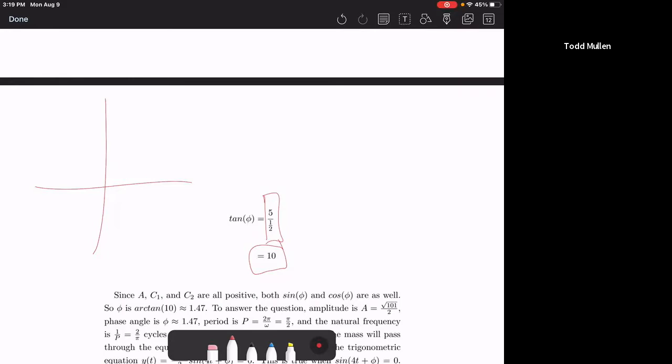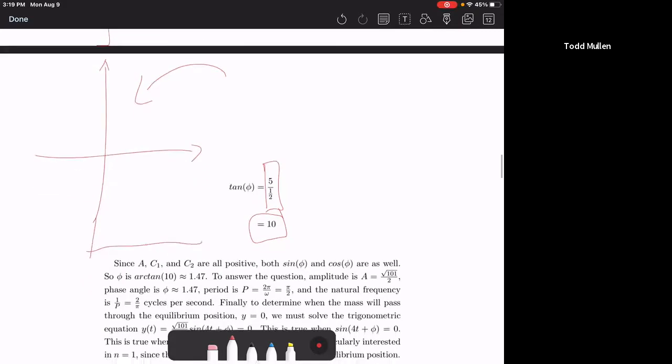So that means that sine phi and cos phi are positive as well. And if sine phi and cos phi are both positive, then we're in quadrant 1. And since we're in quadrant 1, we can just take the arctangent, because remember, the arctangent is anything that's in the right side of this. And the arctangent of 10 is 1.47 roughly.